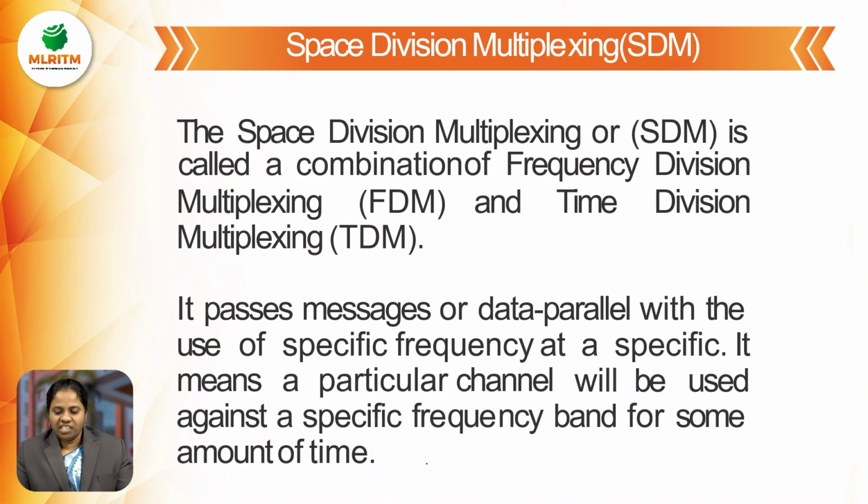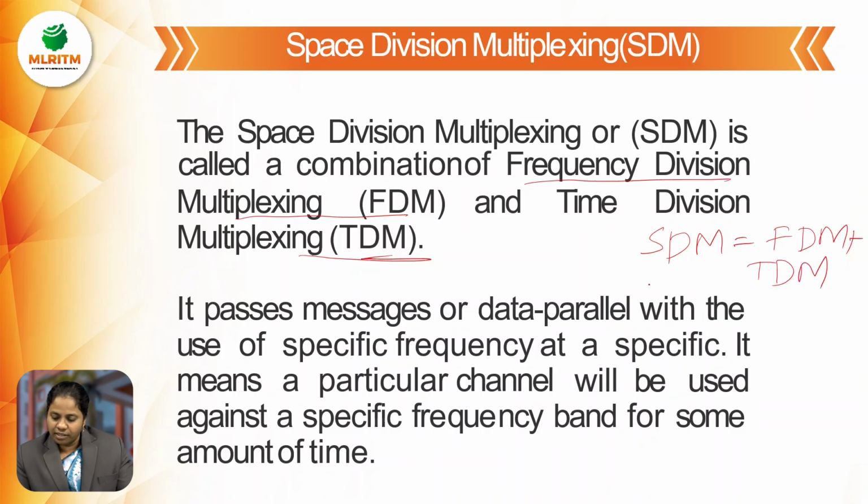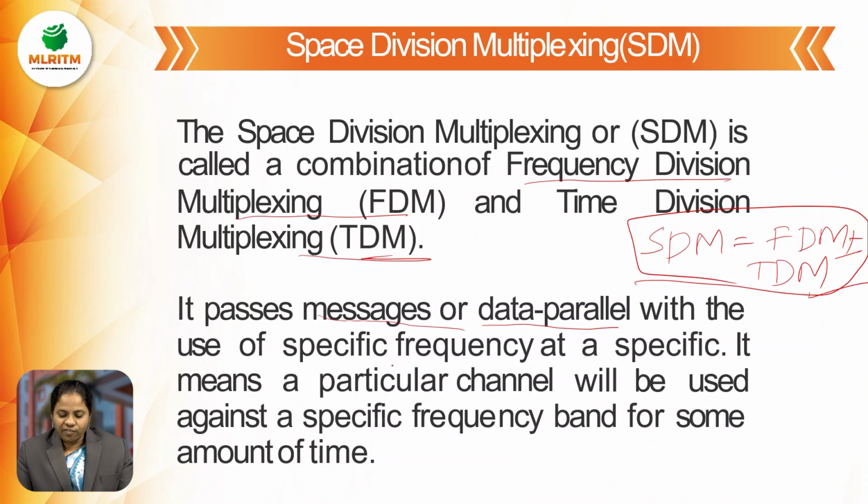Next, space division multiplexing. Space division multiplexing, or SDM, is a combination of frequency division multiplexing and time division multiplexing. SDM equals frequency division multiplexing plus time division multiplexing. It passes messages or data in parallel with the use of a specific frequency at a specific time.